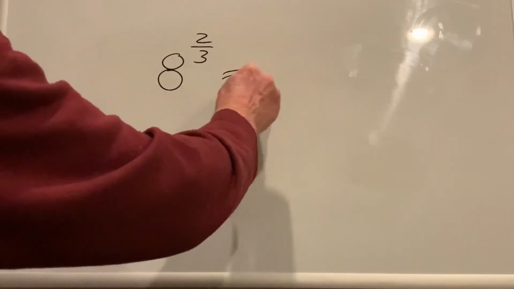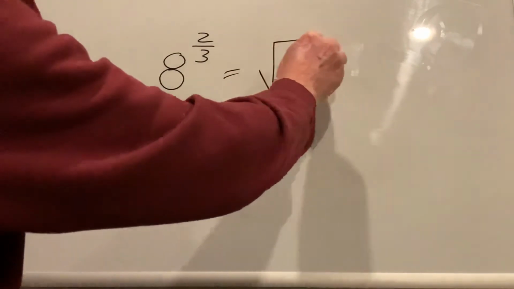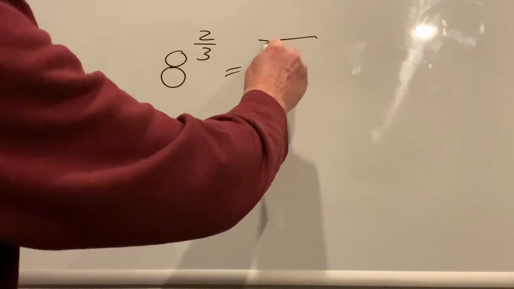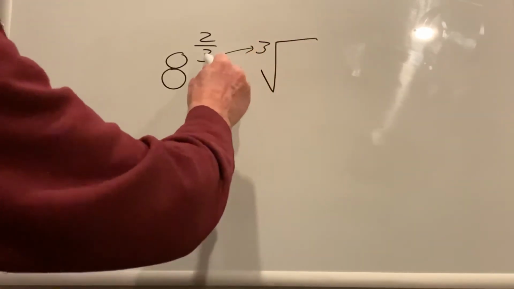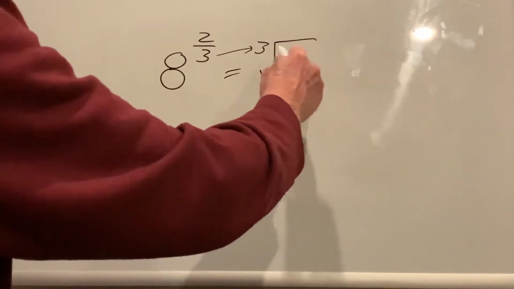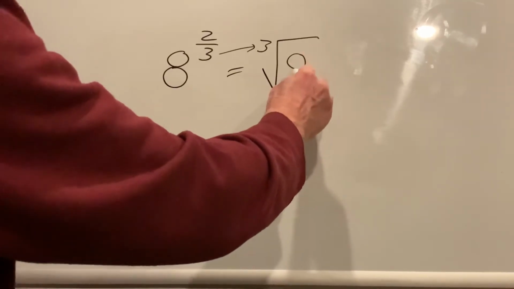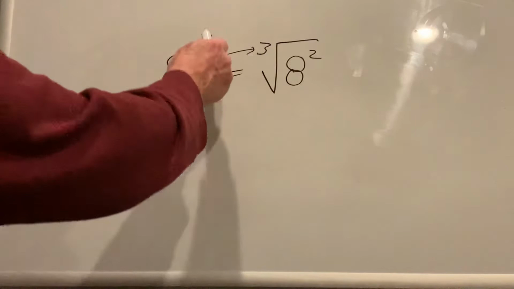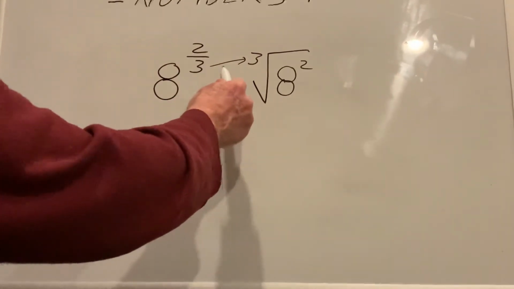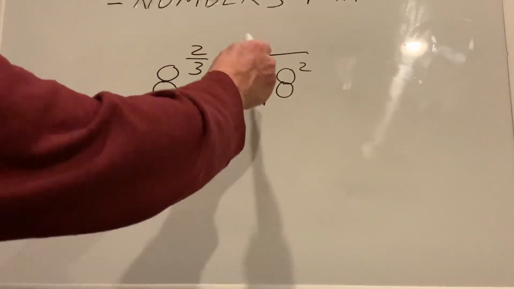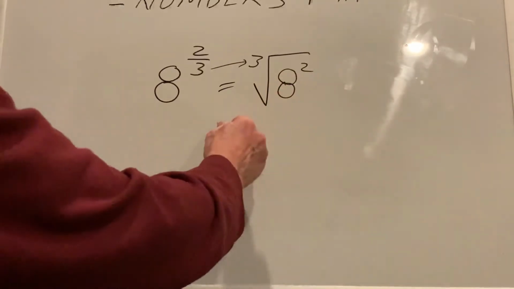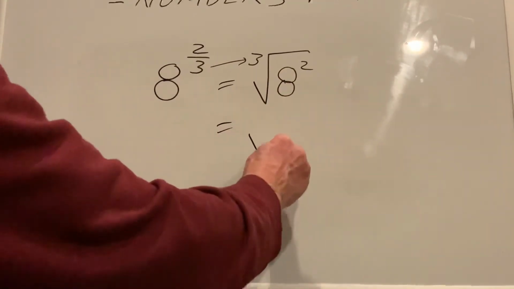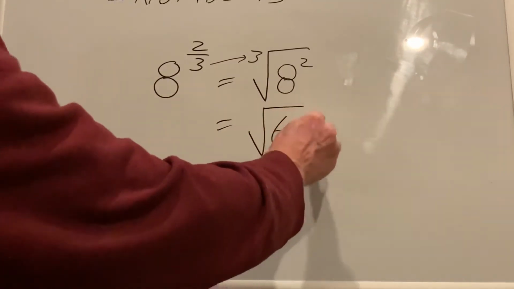So that equals the cube root, so the 3 on the bottom goes outside, of 8 squared. So 8 to the 2/3 power is the cube root of 8 squared, which equals the cube root of 64.